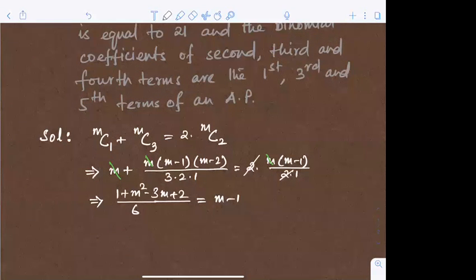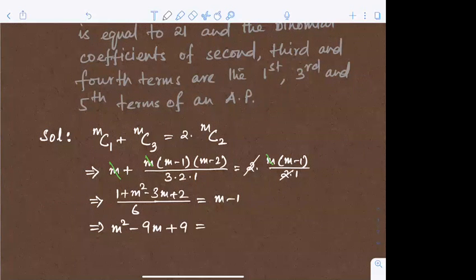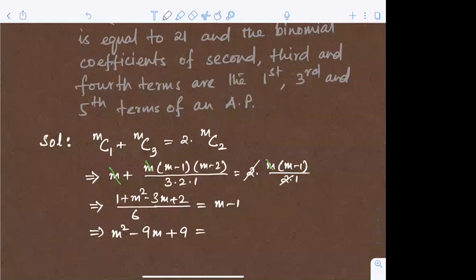Further simplification will give m square minus 9m plus 9. এরকম আসছে কি? হ্যাঁ স্যার। স্যার ওপরে 1 প্লাস যেটা করেছেন ওটা 6 হবে না? কোথায়? উপরে 6 হবে। ইয়েস, এটা ভুলে গেছে। এটা 6 হবে। এন্ড তাহলে আমাদের আসছে 14, equal to 0.